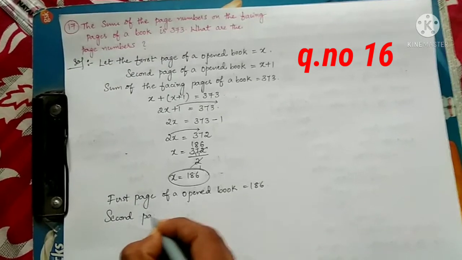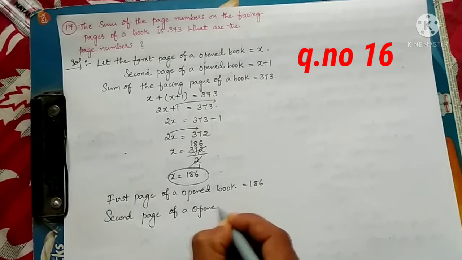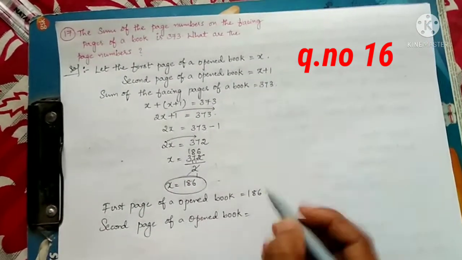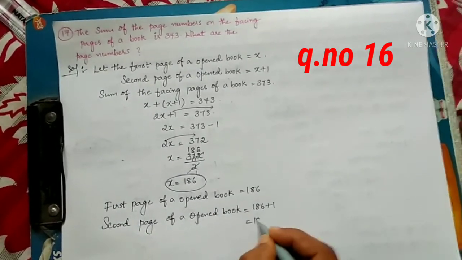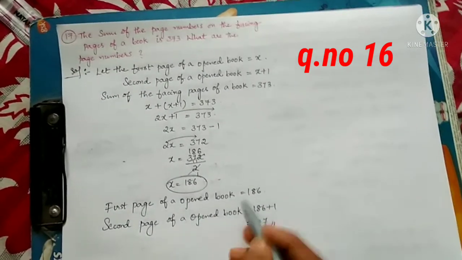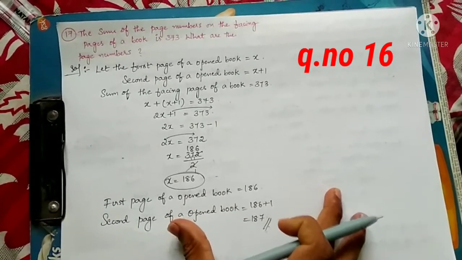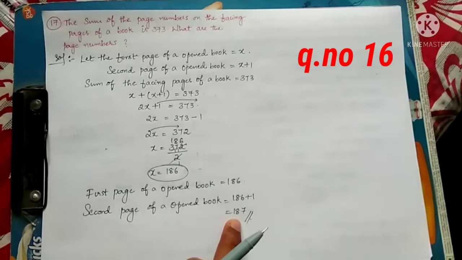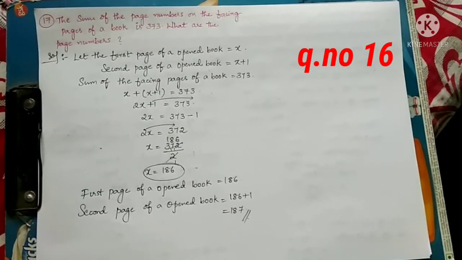The second page of an open book is equal to x plus 1. So the value of x is 186, plus 1 is equal to 187. So you can see the facing pages of the book are 186 and 187. Okay, so these are the problems from exercise 2.2.